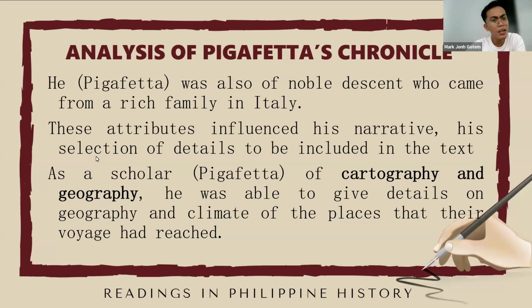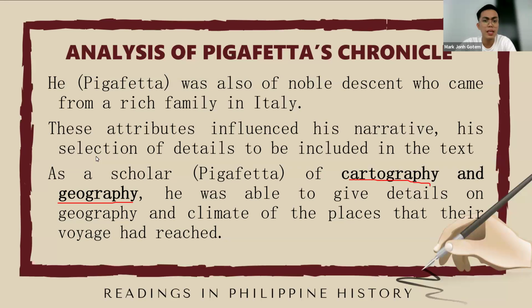And as a scholar, we are referring to Pigafetta as a scholar of cartography and geography. He was able to give details on the geography and climate of the places that their voyage had reached. If we say cartography, that is someone who is an expert in making maps. And if we say geography, it is someone who is an expert in studying areas, places, and even the environment.